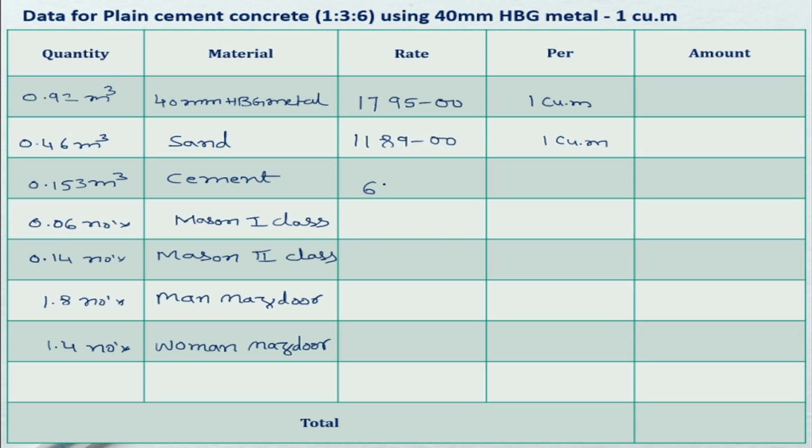Cement is 6,192 rupees per 1 cubic meter. Mason first class is 630 rupees per 1 day. Mason second class wage is 565 rupees per 1 day. And man mazdoor, woman mazdoor rate is 525 rupees per 1 day.